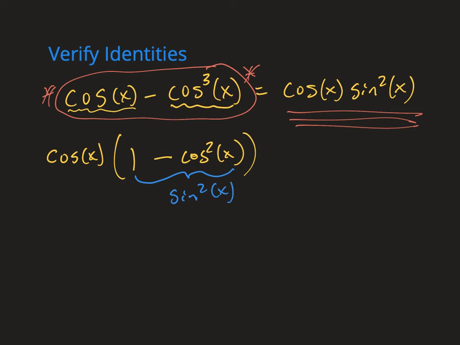So with that one little trick, by factoring and using the Pythagorean identity, I've got it down to what we wanted, which is that cosine of x minus cosine cubed of x equals sine squared of x.